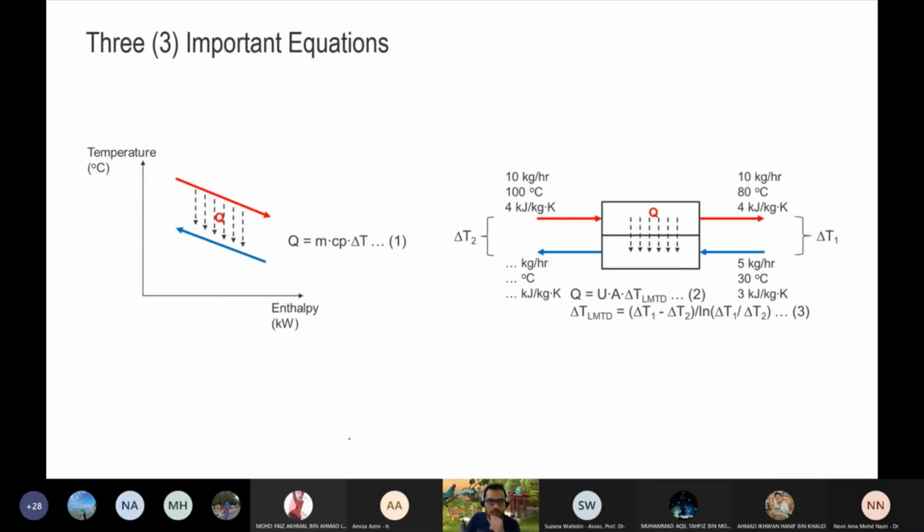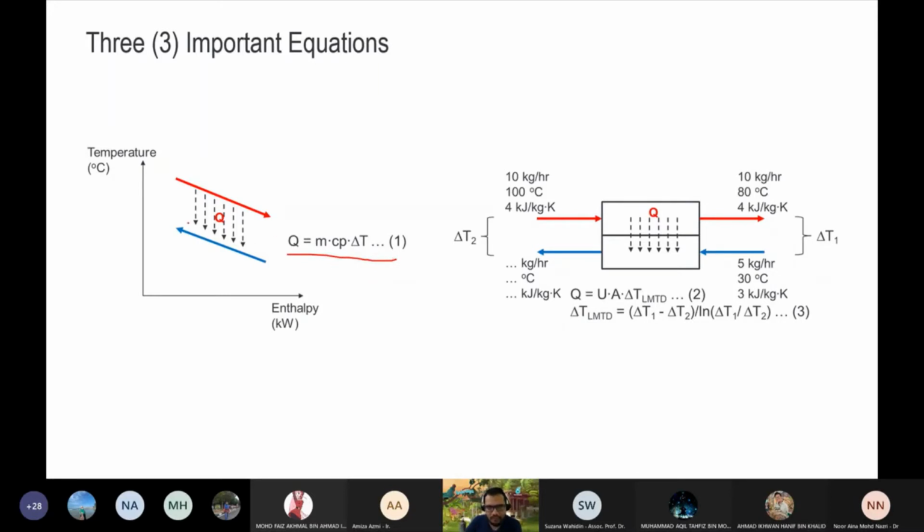I always put this on the screen because in this work, especially for this heat integration, we only need to memorize 3 equations, which I think you have memorized by heart. The first equation is Q = m Cp delta T. Everybody knows this.